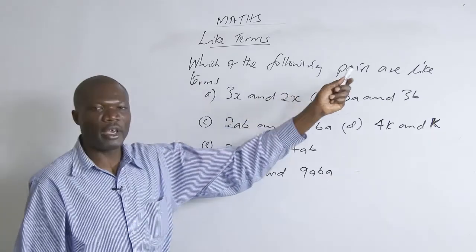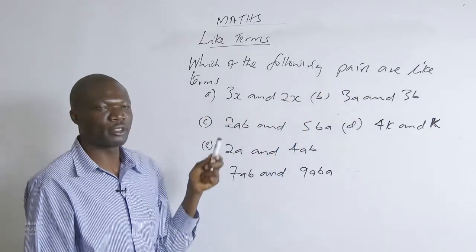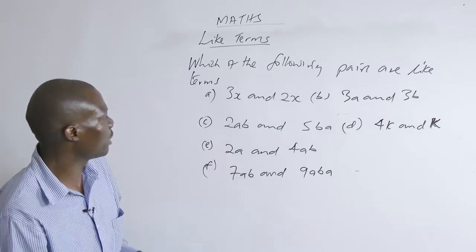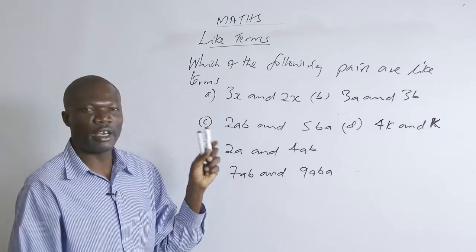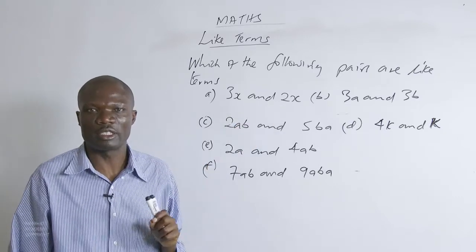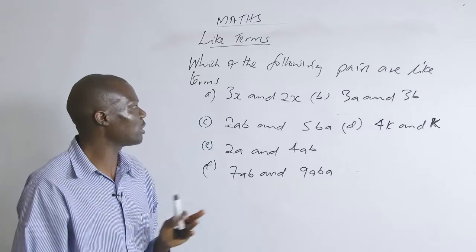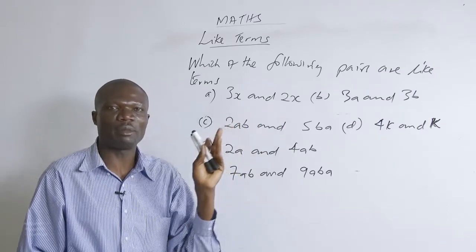Which of the following pairs are like terms? We shall handle each quickly. 3x and 2x. The pronumeral here is x, and the pronumeral in the second term is x.